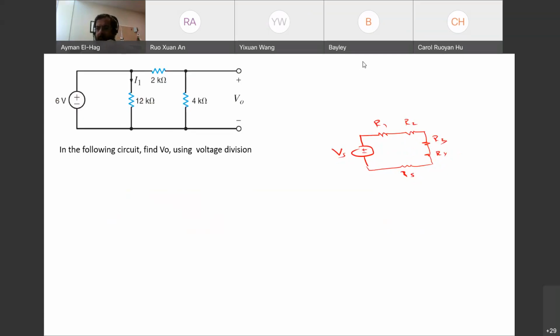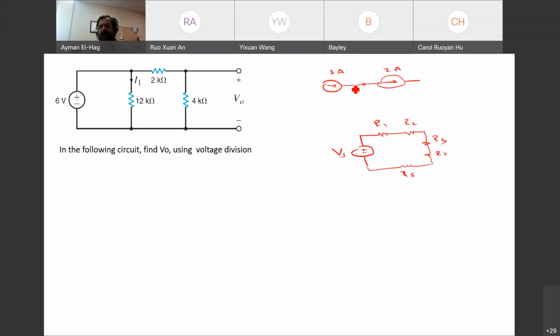It says here, what would we do with current source in series and voltage sources in parallel? Current sources cannot be in series unless they have the same value, because otherwise, let me explain to you why. If you have a current source here, 3 amps, in series with another current source, 2 amps.